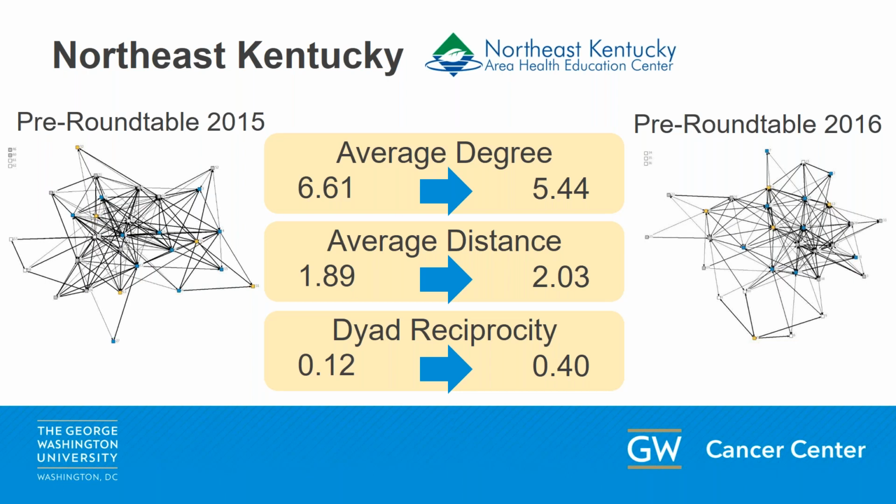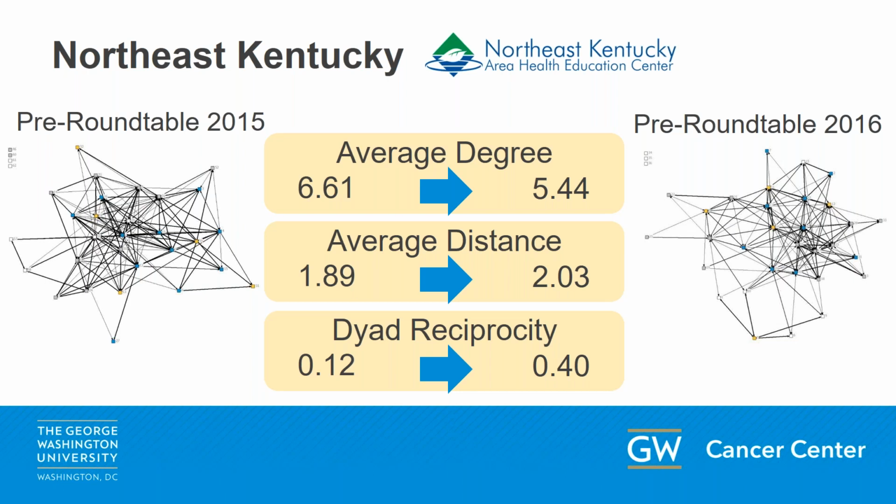Similarly, average distance between the participants also increased, which means that on average, the number of hops people have to make to get from person A to person B increased. So actually, the smaller the number, the better. Again, this is likely because new members were added to the roundtable in Kentucky who may not necessarily have been well connected.